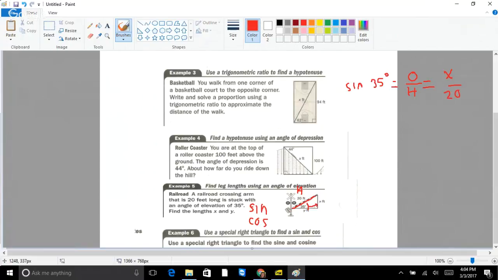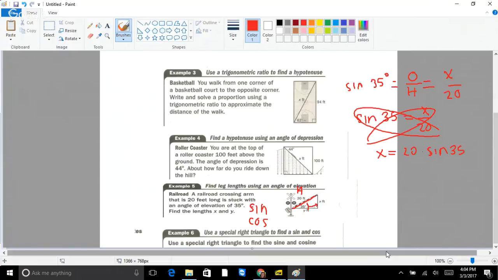Okay, so I kind of have this in the middle here, but we basically have sine 35 equals x divided by 20. And we need to cross multiply, right? So we end up with x equals 20 times the sine of 35 degrees.